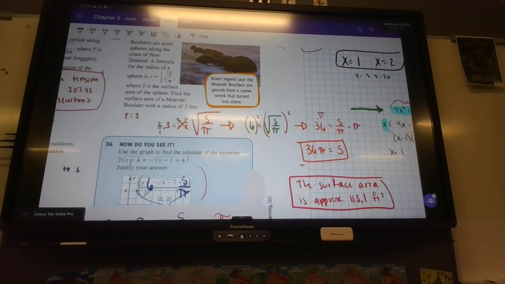That takes a lot of paint if you wanted to paint a boulder. How much does a gallon of paint do? How many square feet? Any painters in the room? Professional painters? No. That's it for the word problems.